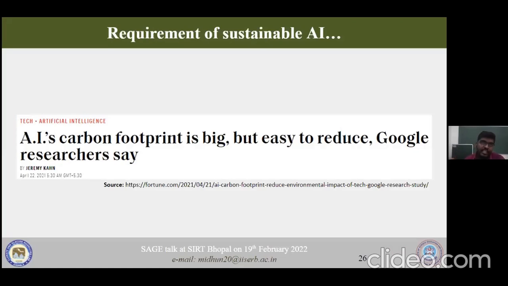If someone says the disease itself is the cure to the disease, there is no meaning to that, right? There is a new study from Google which says that AI's carbon footprint is big, but easy to reduce. In the energy sector, the planning sector, the architecture sector, everywhere this AI can be used.